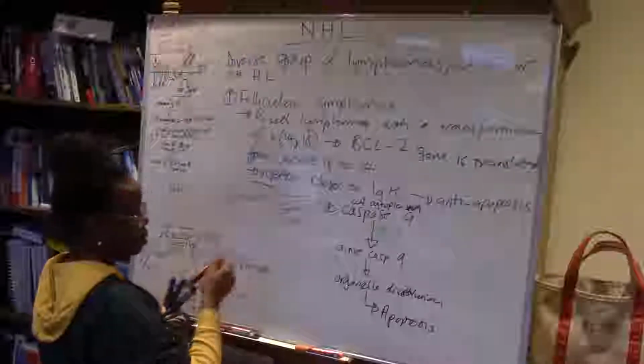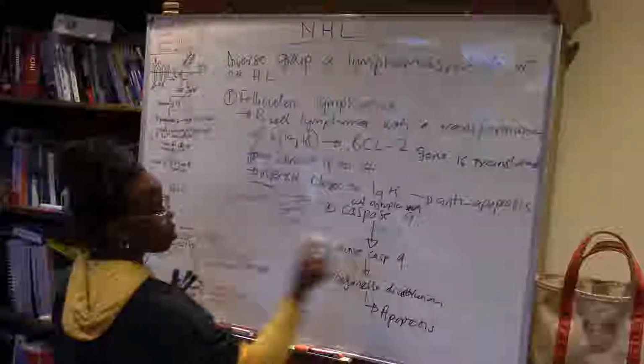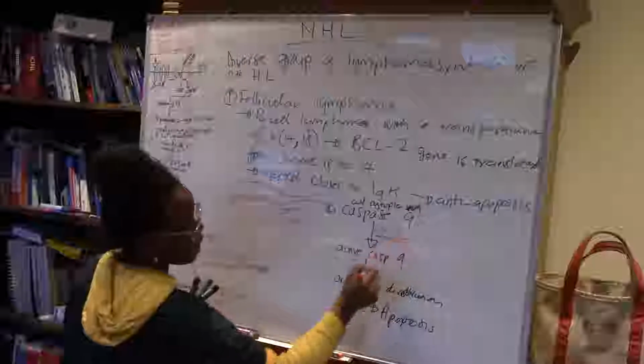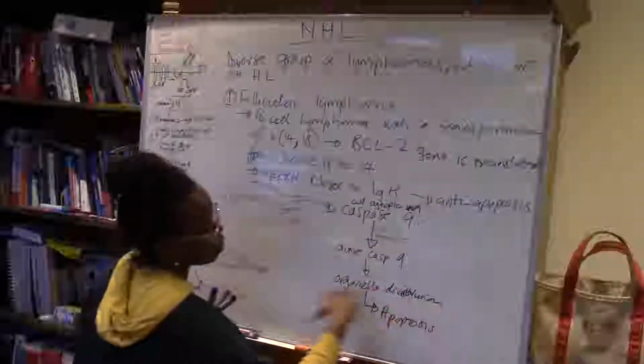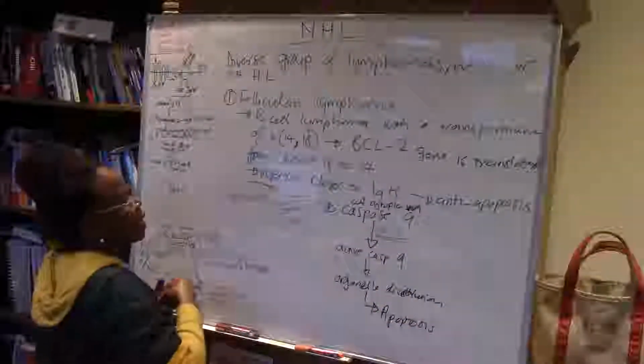So really, cytochrome C comes in there, activates caspase 9. Caspase 9 causes organelle dissolution.